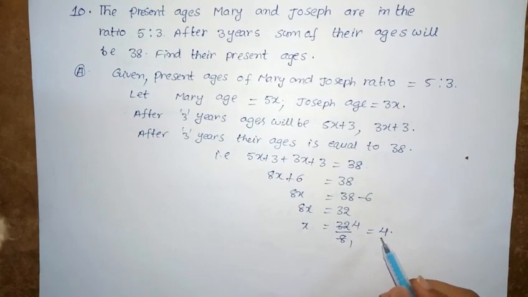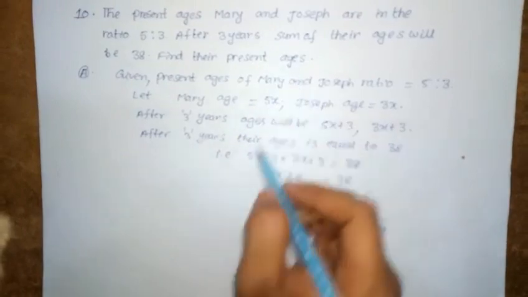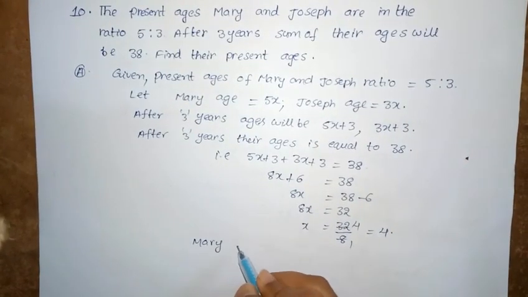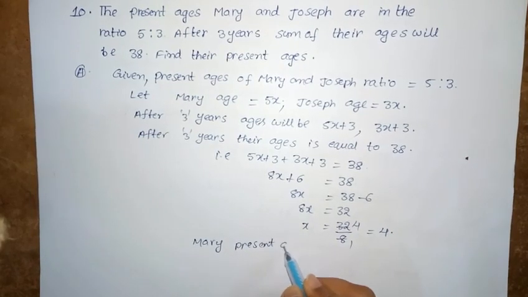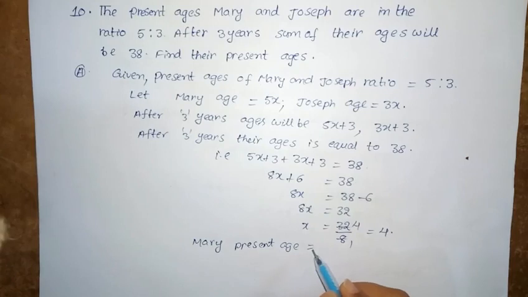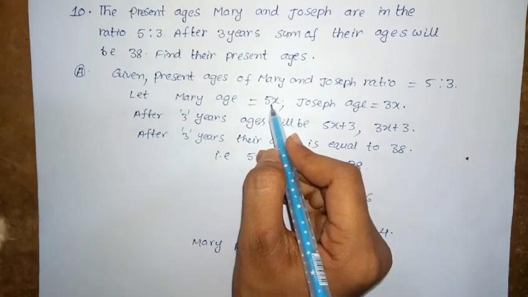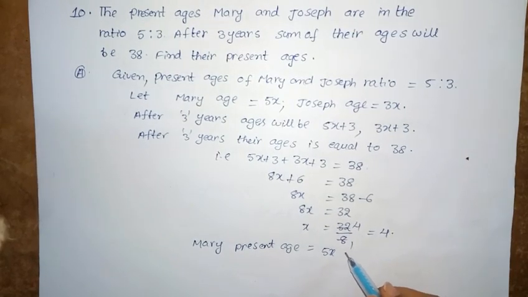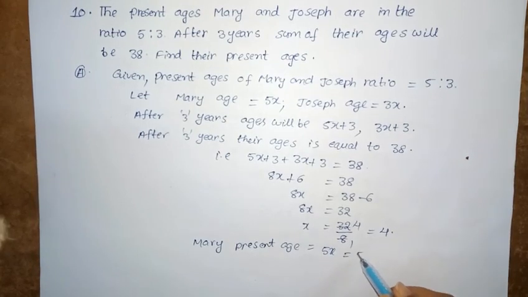In the problem they are asking to find their ages. So Mary's present age, we are considering here as 5x, that is equal to 5 into 4, equal to 20.